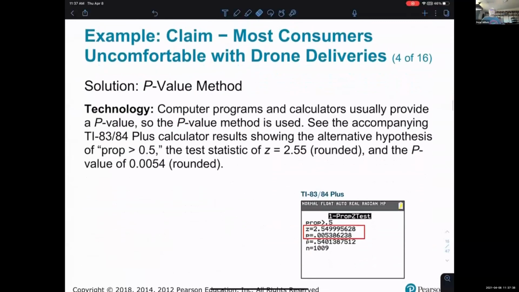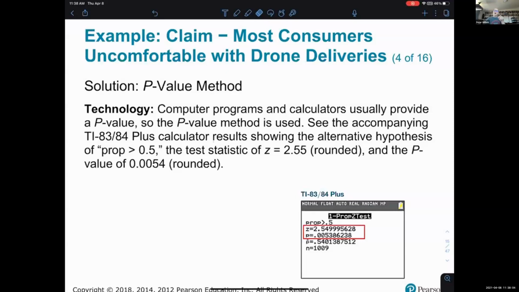So now what they're doing right away is talking about using technology to help you do the p-value method. And this is what we're going to be doing. This is a nice reflection of the place we want to begin understanding the procedure for a hypothesis test, which is where you set up the test, you know what the test is, and then you use technology to give you some results from your sample.